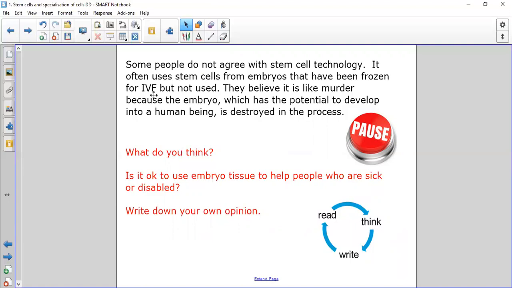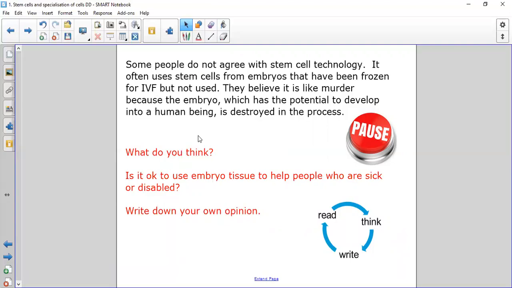Now, IVF stands for in vitro fertilization. It's a fancy term, and it's used by people who want to have children, they want to have a baby, but it's not working. So the doctors can take the sperm out of the man, take the eggs out of the woman, and they can make the sperm and the egg join together in a laboratory.